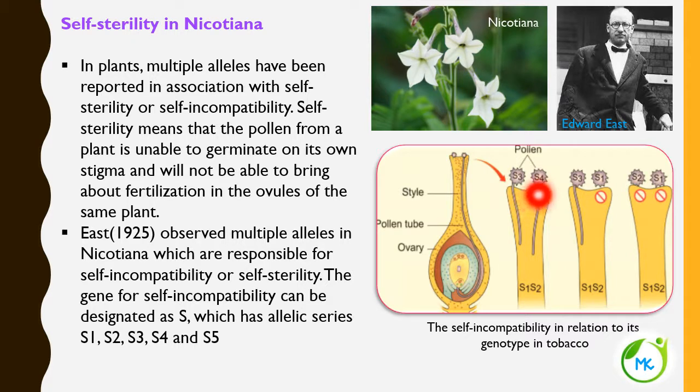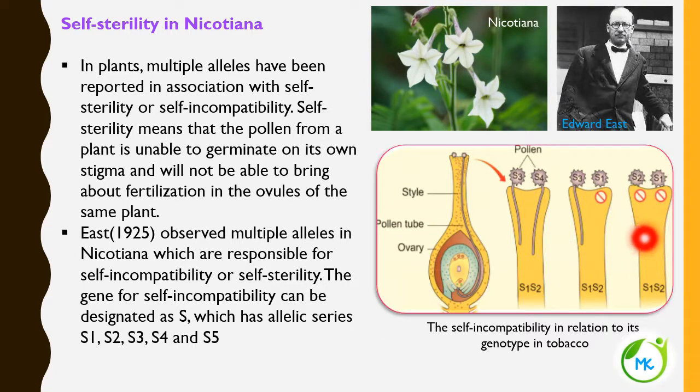When the pollen has a different allelic form than that of the stigma, the pollen germinates. But when the pollen has the same allelic form, the pollen tube will not form, the pollen grain will not germinate. So here the pollen has S1, and if the stigma also has S1, the pollen tube will not develop from S1. The pollen tube can develop only from S3 in this case.